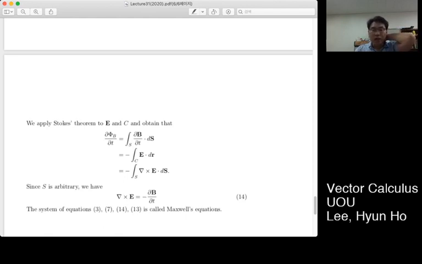So now we have that this curl of E is not zero, right? If E has a scalar potential like the Coulomb potential in the previous case with Gauss's law, then the curl of E must be zero.